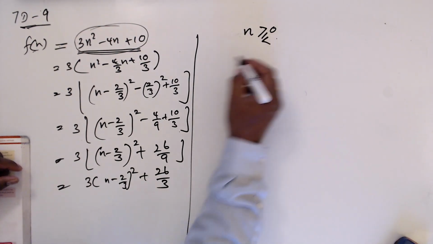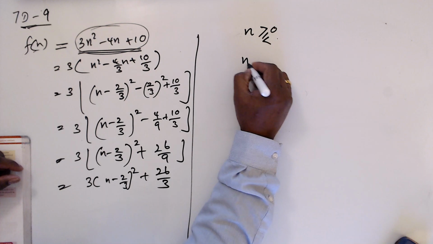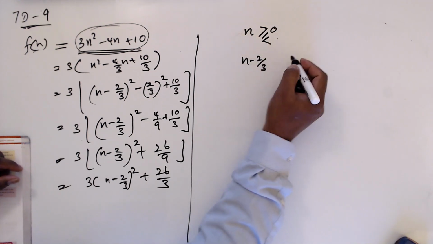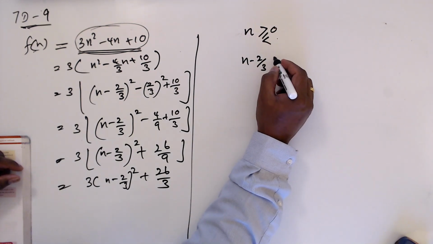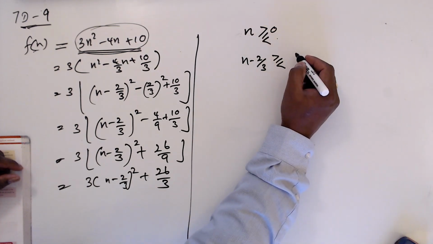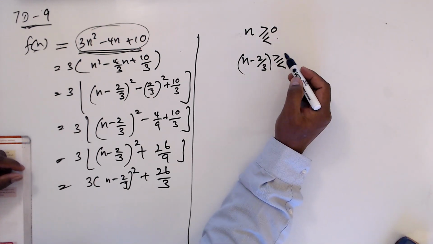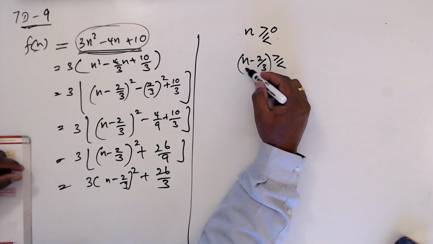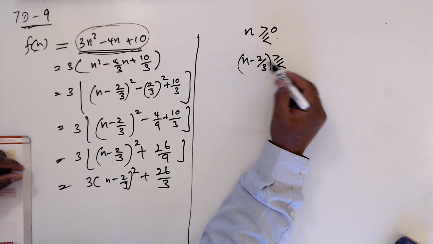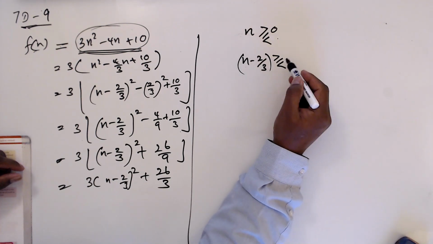Now I will take 3 out from here. Still this one, according to n, if n is a larger number it is positive, n is 0 or negative, n is 2 over 3, it is 0.